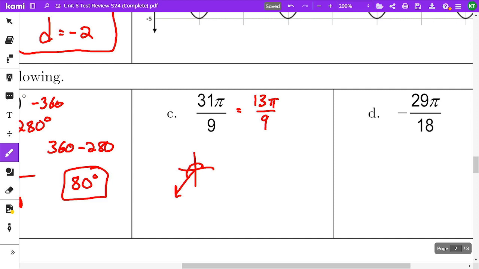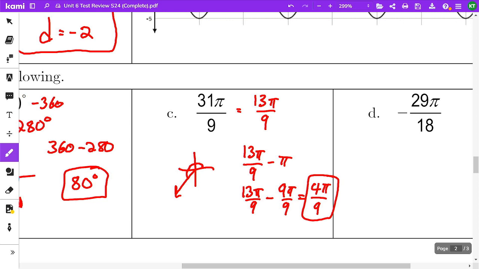Now, instead of subtracting 180, I would do this angle minus pi. So I would have 13 pi over 9 minus pi, which is the same thing as 13 pi over 9 minus 9 pi over 9, which is going to be equal to 4 pi over 9. Again, I can do that because that's in our third quadrant.